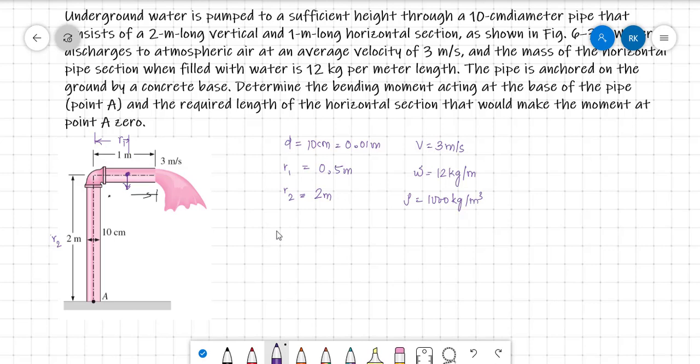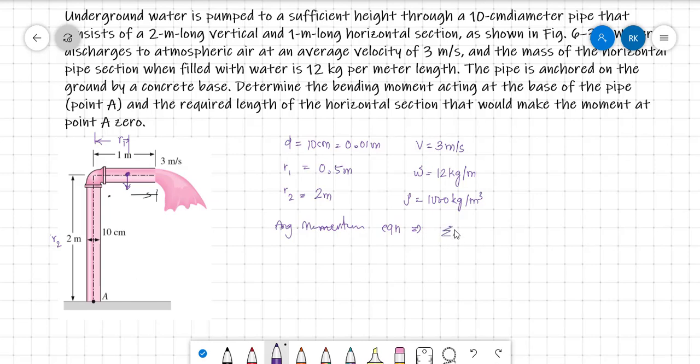So we need to apply angular momentum equation. Considering this as a steady flow one, if nothing is given, consider it as a steady flow.